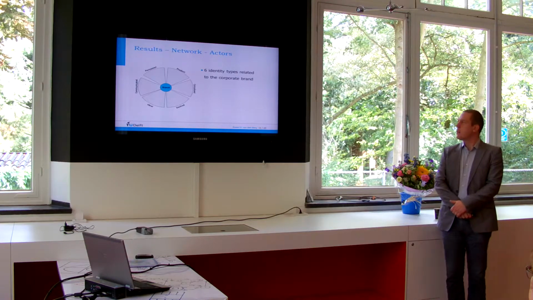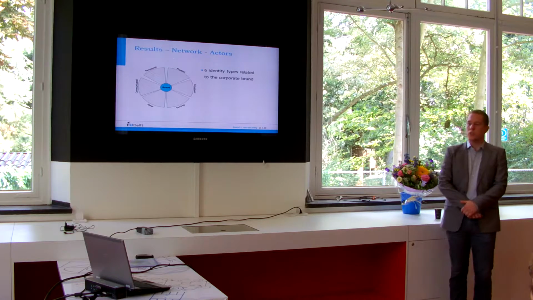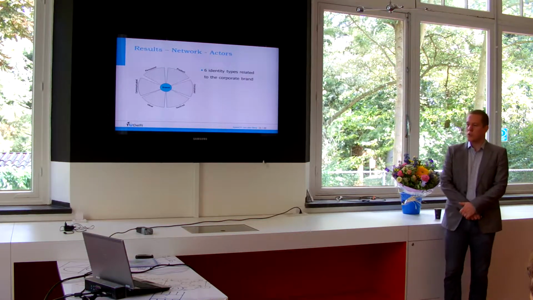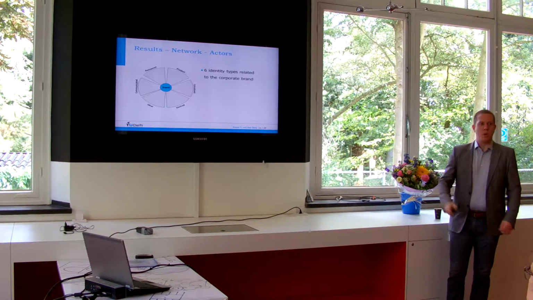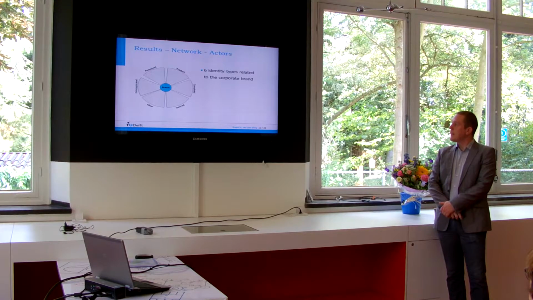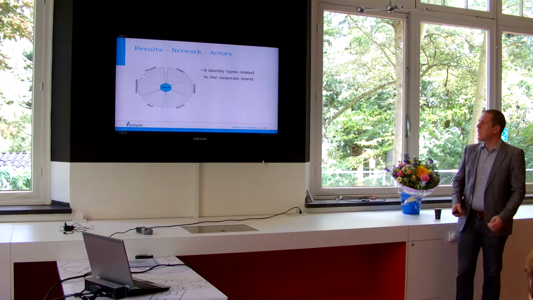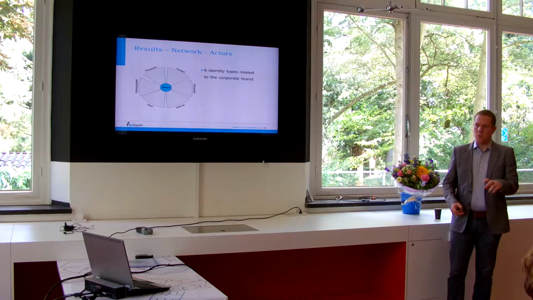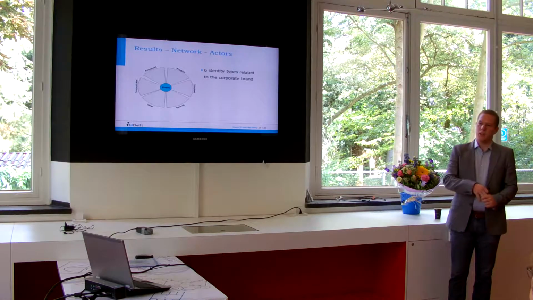We visualized the network of actors or influencers by using 6 identity types related to the corporate brand. These 6 identity types were based upon a model by Balmer, who defined different identity types and how together they make the corporate brand. But from his model, there was one identity type which covers both the people in the company and the products in the company.